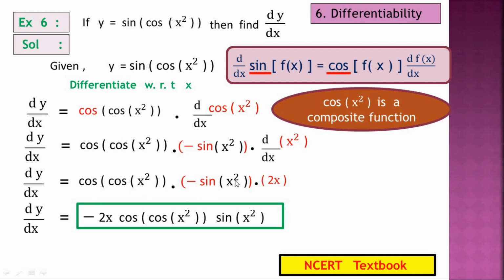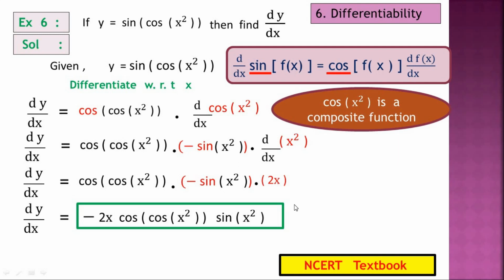Now this variable we keep as it is. Next this variable's derivative, 2x. Once again I repeat, first this answer is the derivative of sine, that is cos of cos x square. This is this function's derivative, minus sine, this is as it is. Next this function's derivative.